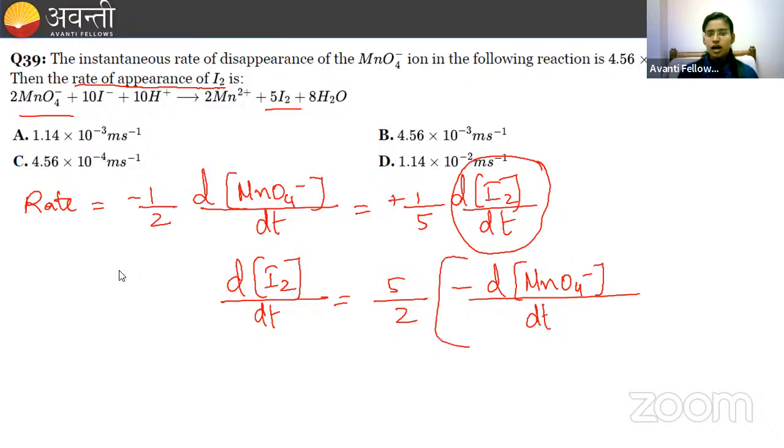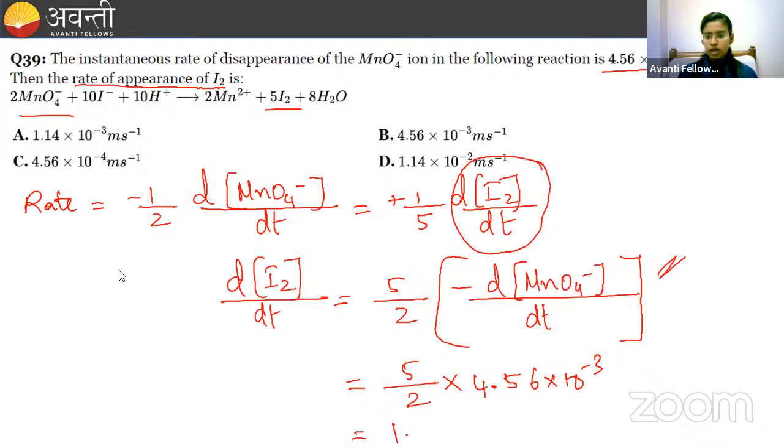And the rate of disappearance of this MnO4 minus concentration is given here in the question. So we can just directly substitute over there. So it will be 5 by 2 into 4.56 into 10 to the power minus 3 meter per second, which will be equal to 1.14 into 10 to the power minus 2 meter per second. Okay. So the rate of appearance of I2 will be option D.